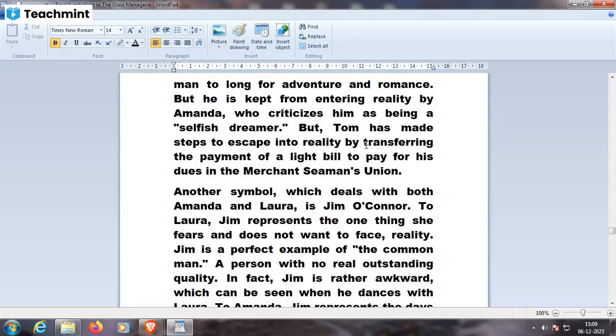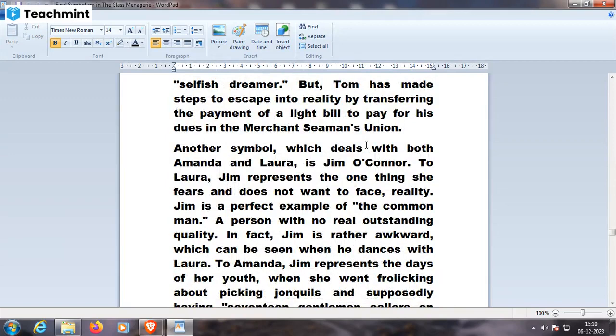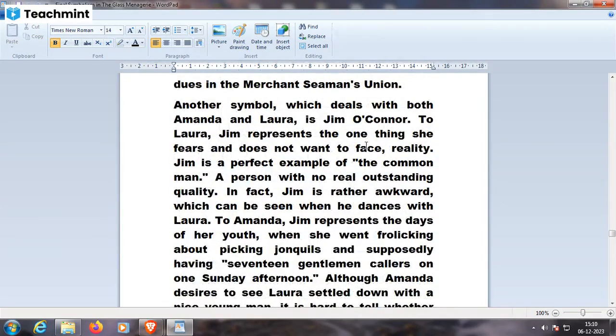In fact, Jim is rather awkward, which can be seen when he dances with Laura. To Amanda, Jim represents the days of her youth when she went frolicking about picking jonquils, and supposedly having 17 gentlemen callers on one Sunday afternoon.